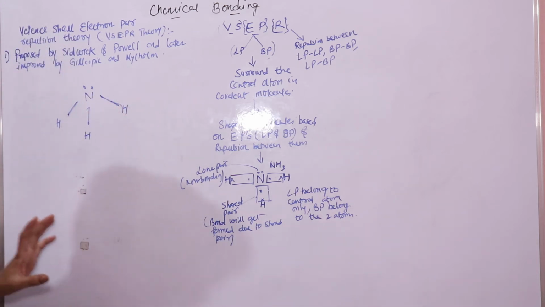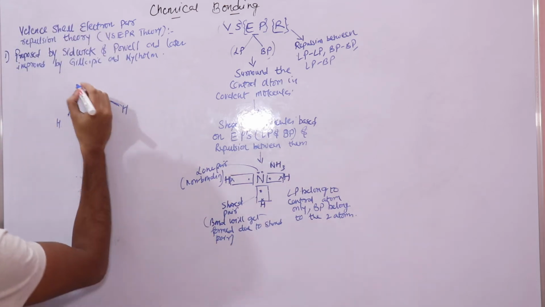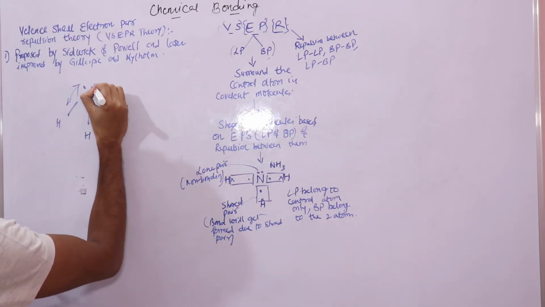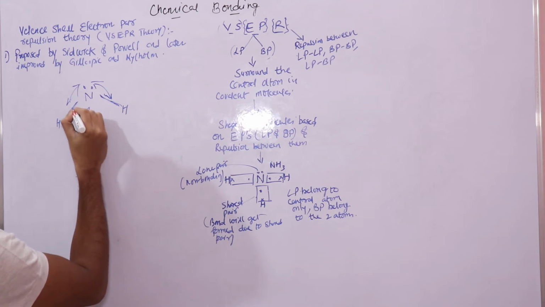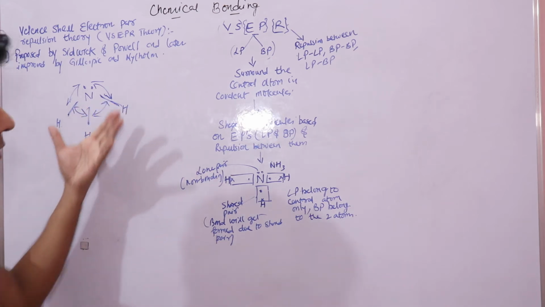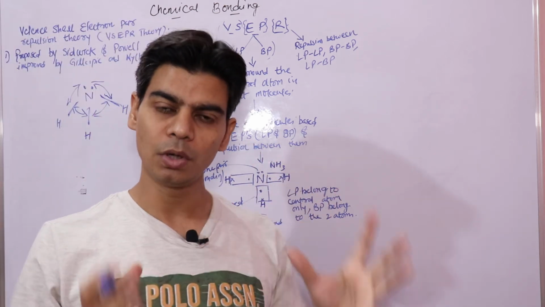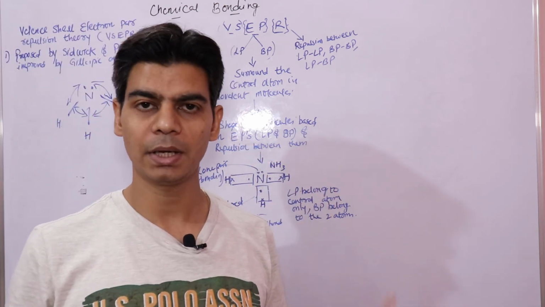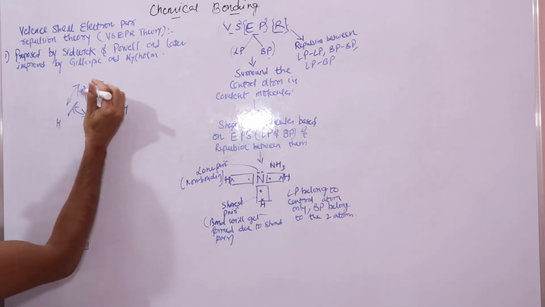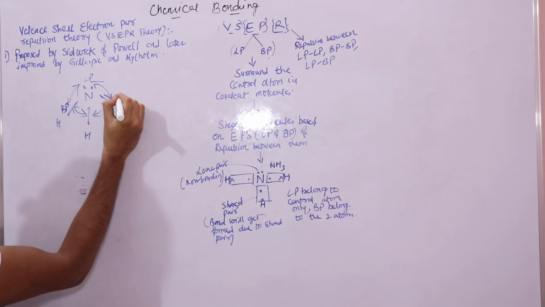Now since I said that these are nothing but electron clouds, they will suffer a force of repulsion. There is a force of repulsion between bond pairs and lone pair, and between lone pair and bond pair. For example, this is the lone pair, and this is your bond pair.